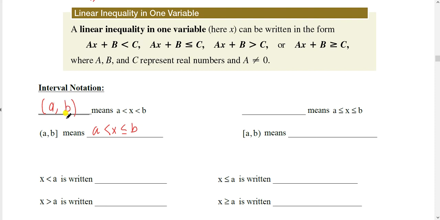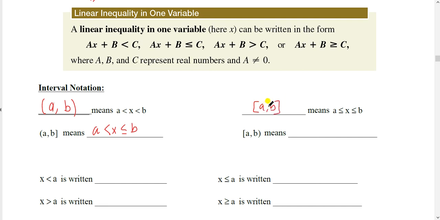That means any value of x up to b, but not including b. But here, any value of x less than b and also equal to b, that means we include the right endpoint, or we are using the bracket. The same thing here, if we have the equal sign on the left and the right, then we have to use the brackets for both of the sides.